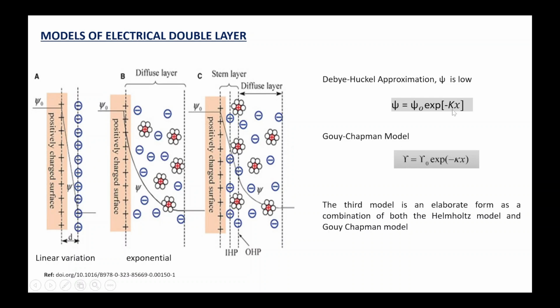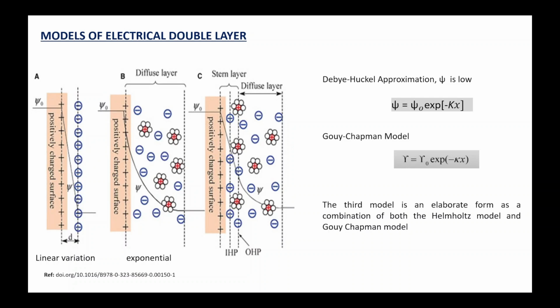Once we are done with this, in this live interaction session, we will be discussing what to do if your psi value is not low, like if the surface potential is high. In that case, we cannot use this approximation.